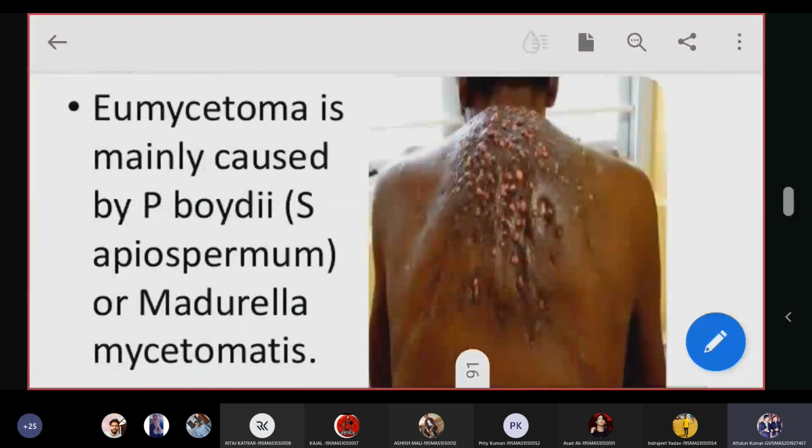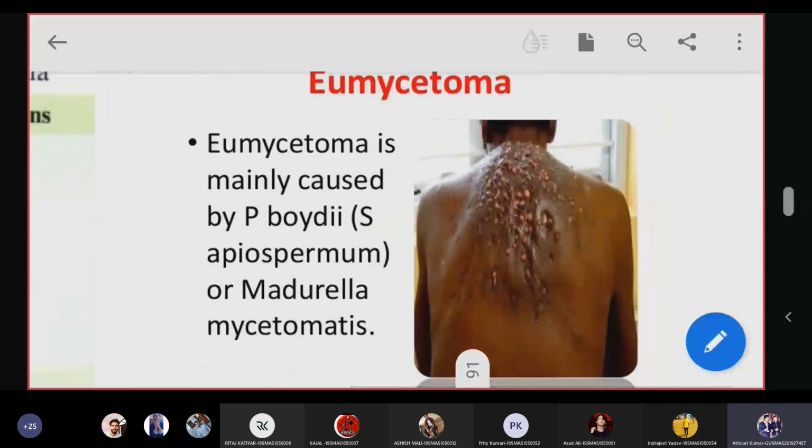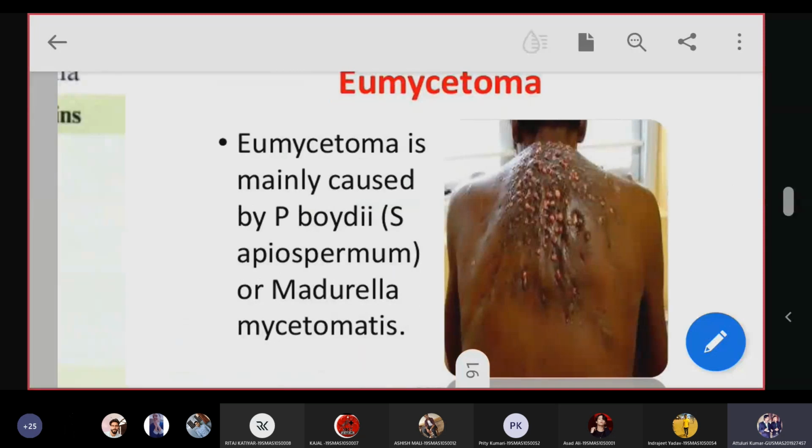See here how uncomfortable this is for the patient. It's really painful, really sad to see these images of the patients. So this type is characterized by infection other than the foot of the body, and foot infection is called Actinomycetoma.